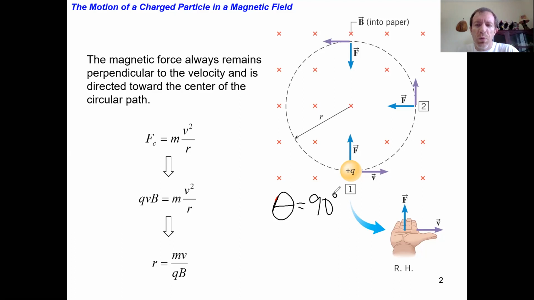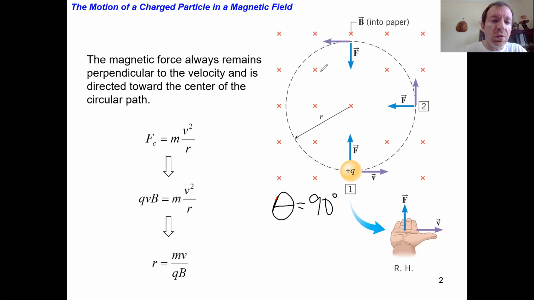Charged particle moving along happily. Magnetic field is turned on. The result of this is a force that's going to cause this charged particle to move in a circle at constant speed. That's uniform circular motion. And we know if we've got uniform circular motion that there's got to be some force causing that.